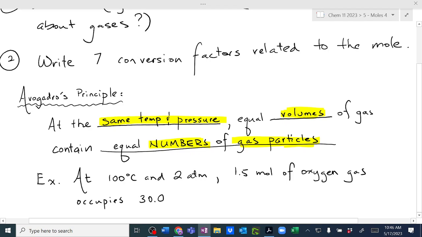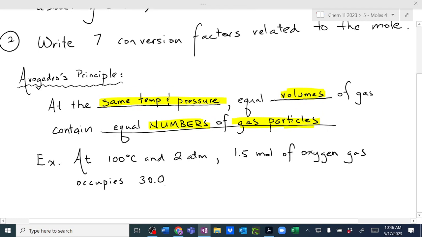I'm just totally making up this number, okay? Actually, let's make it 0.7 atmospheres. There we go.